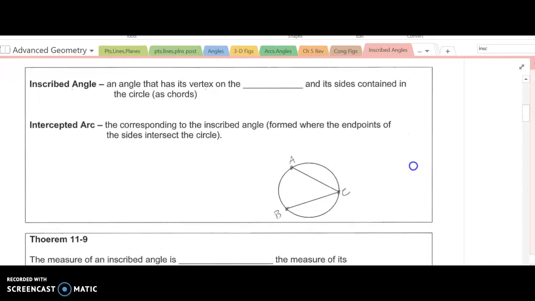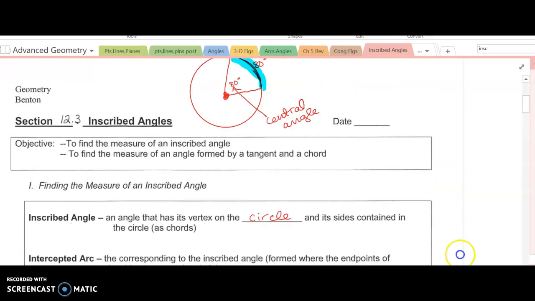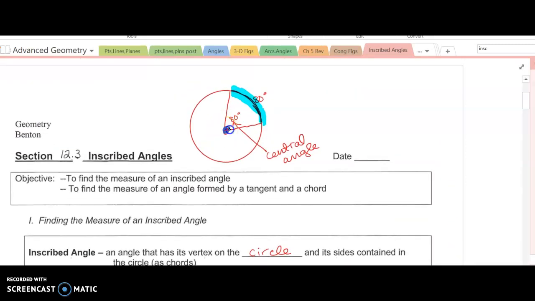So first of all, what is an inscribed angle? An inscribed angle is an angle that has its vertex on the circle itself. So this right here is an inscribed angle, and we know inscribed means inside. Its vertex is on the circle, which is different from our central angle whose vertex was on the center, right?